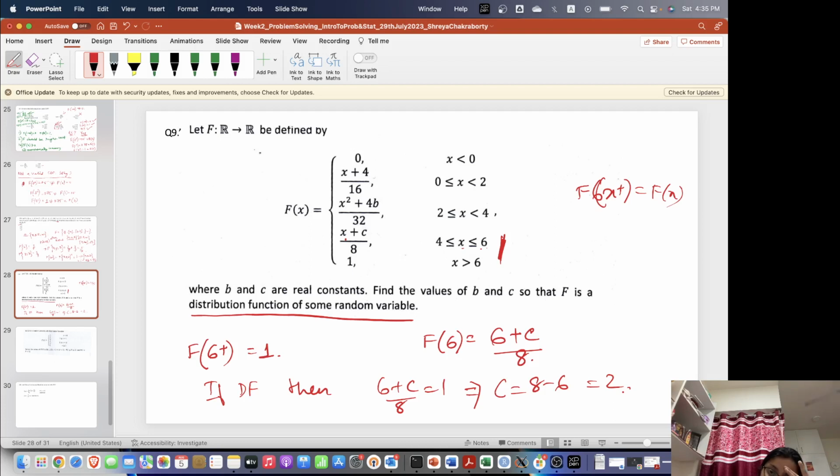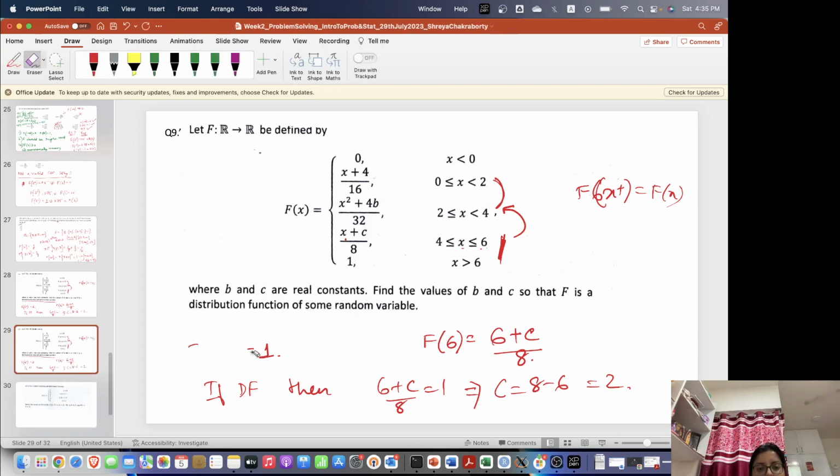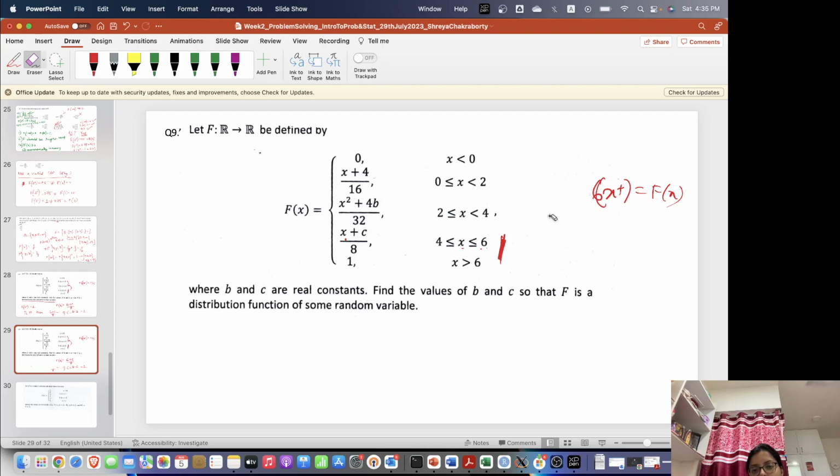Is it okay? All right. Now once we have c equal to 2, we'll move to these two. So we have gathered C equal to 2.